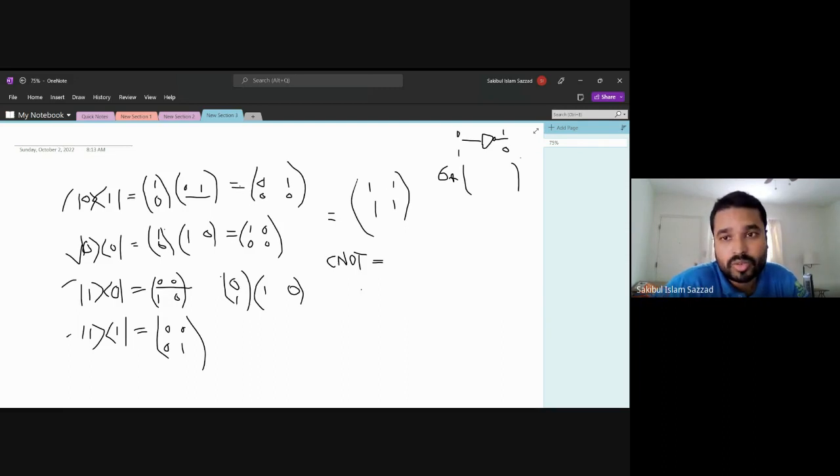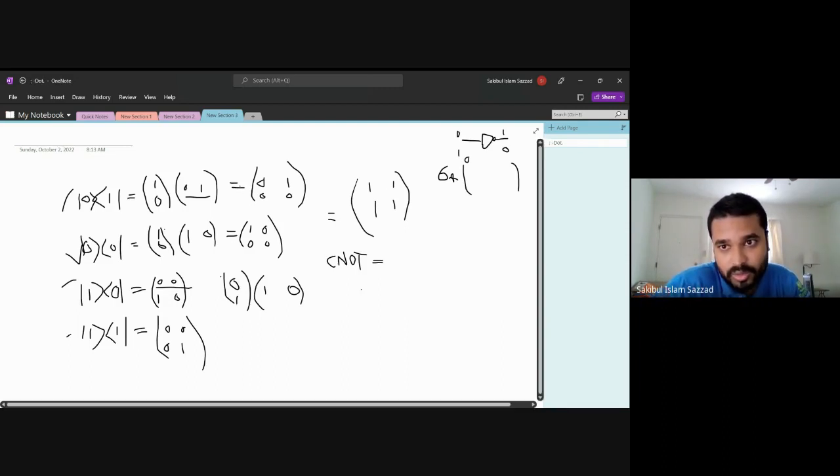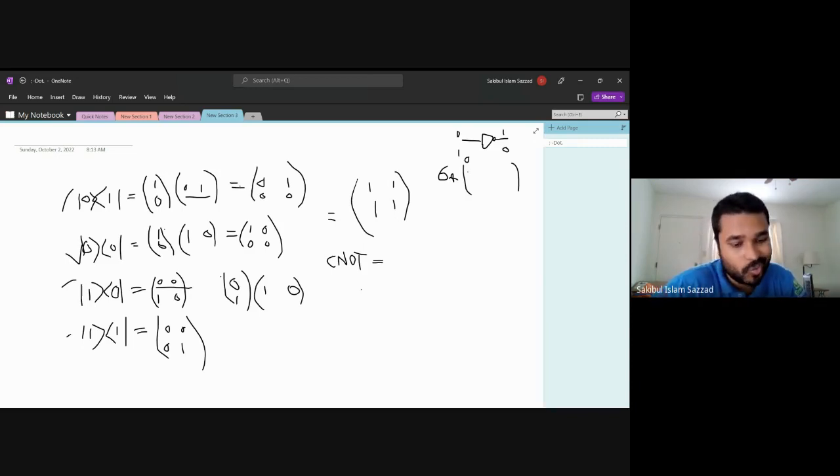So let's say my input is 0. What should I get? I should get output 1. And what is the matrix for qubit state 1? It looks like the first element should be 0, the second element should be 1.